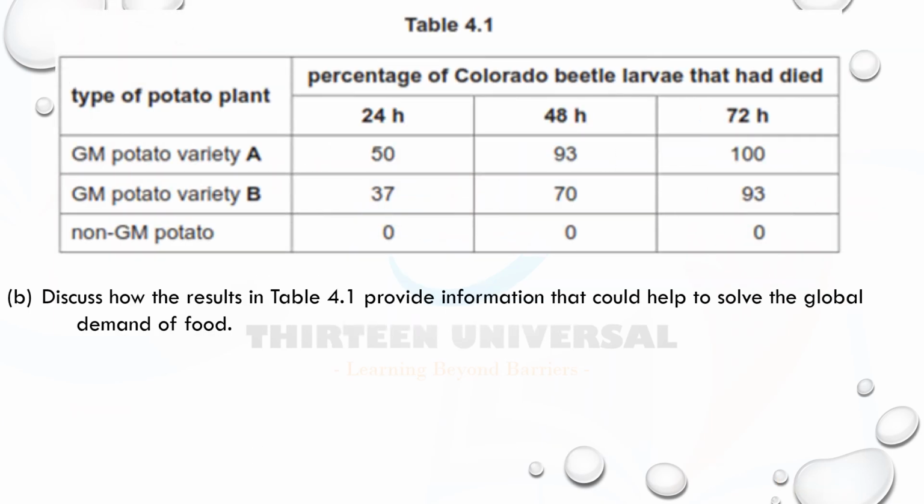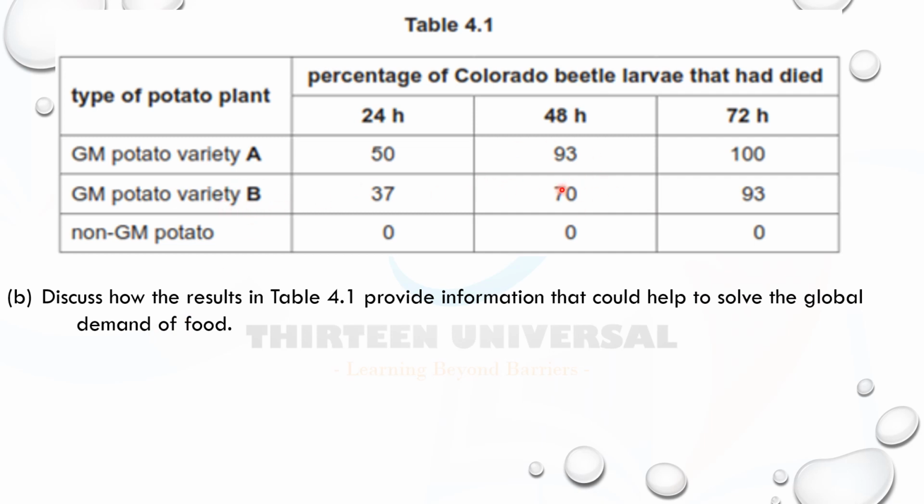The same table. Now the question says discuss how the results in table 4.1 provide information that could help solve global demand of food. So what does this tell us, guys?